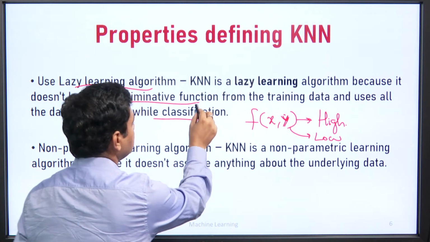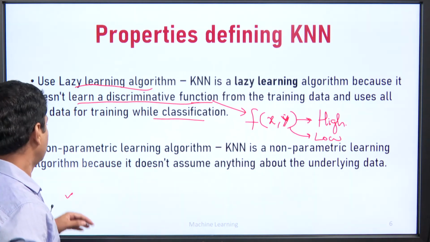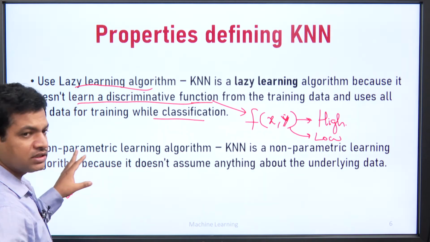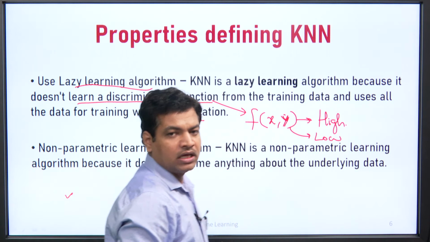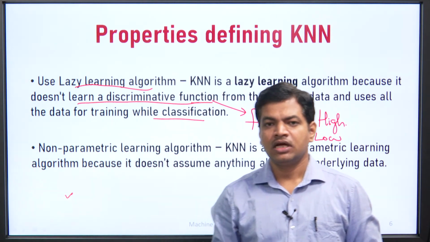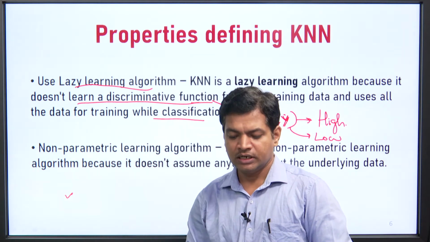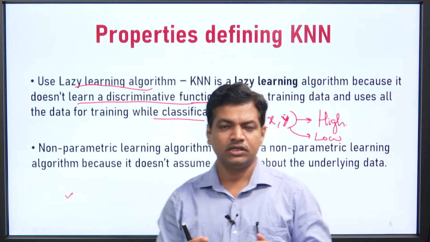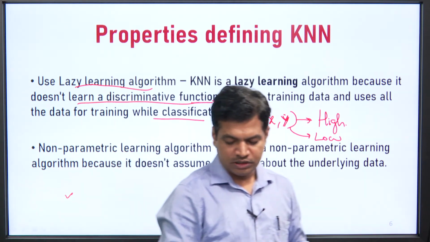This is an example of a discriminative function. The next property is that it is a non-parametric learning algorithm. KNN is non-parametric because it does not have a pre-notion or assume anything about the data in the data set or the sample. So, this is the second property.